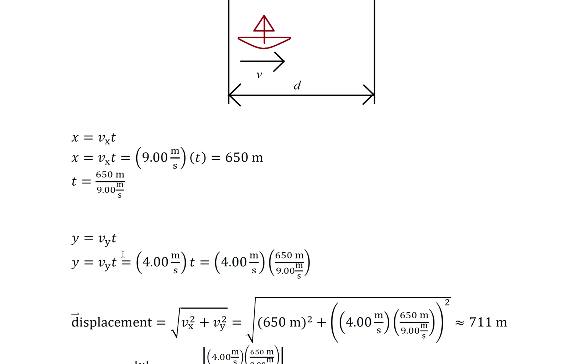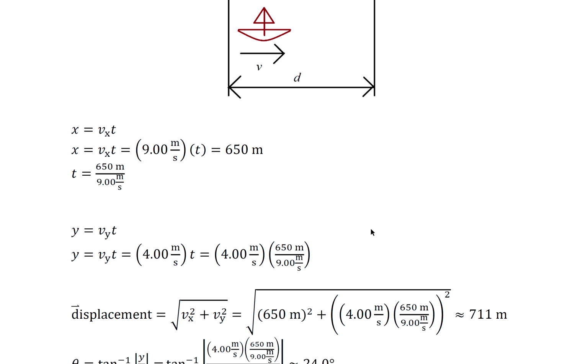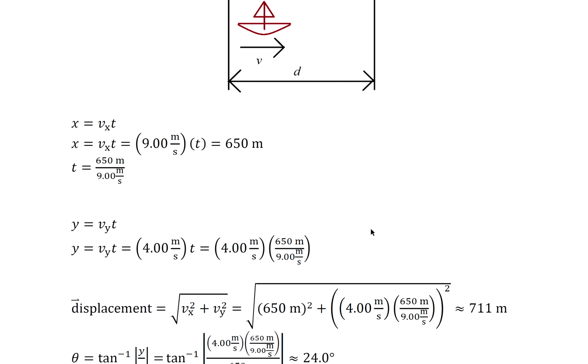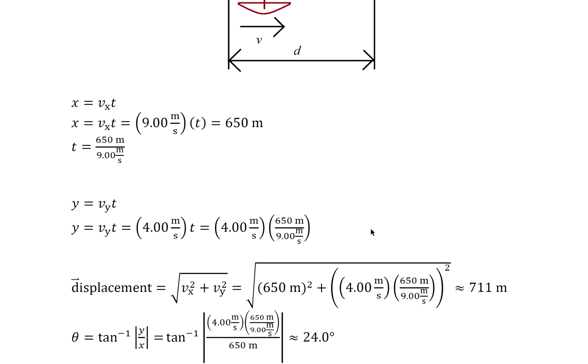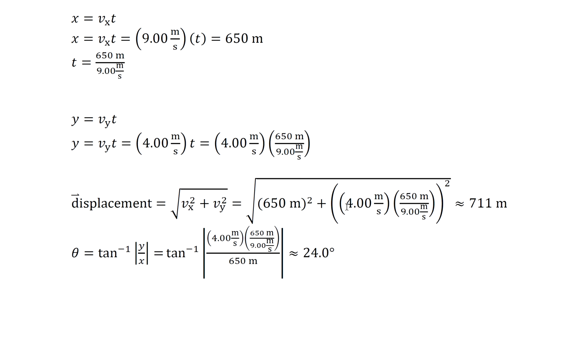And then we're going to use this equation, y equals v sub y t, to solve for the distance it goes downstream. And then finally, we could find the displacement and theta, which is tangent inverse of y over x.